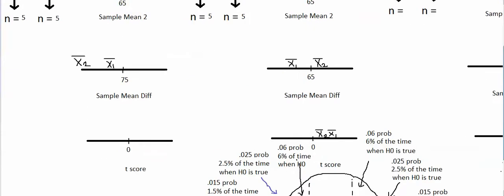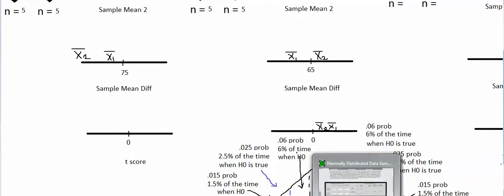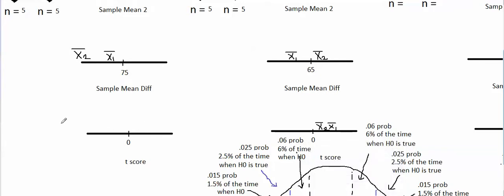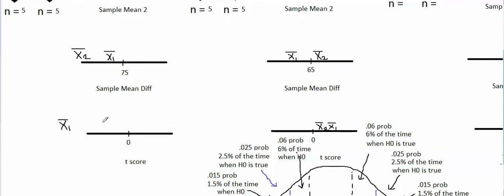We forgot to plot our first difference, which would have been, I forget what it was. Oh, it's negative 11, which was out here. So I should have put this out here as the first difference of negative 11. Our new difference is negative 5.3, which is maybe right there for sample mean difference. So we plotted the two sample means and the sample mean difference.